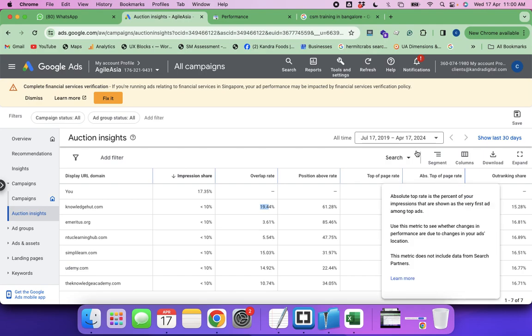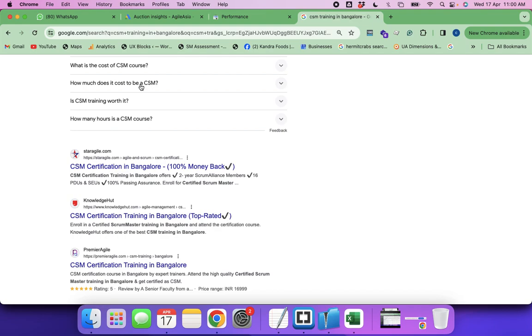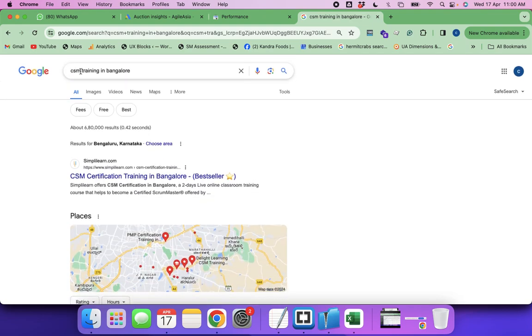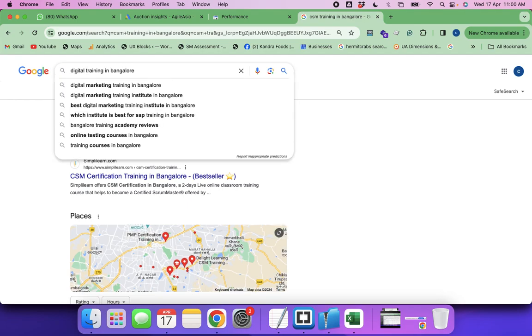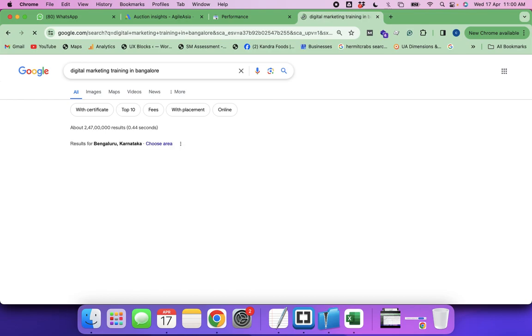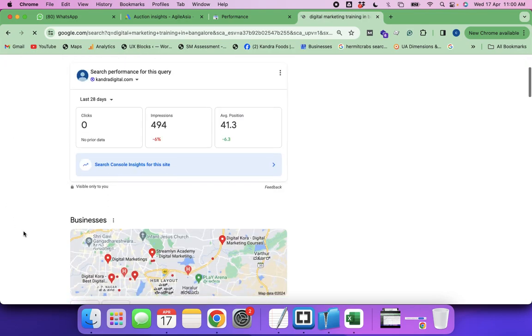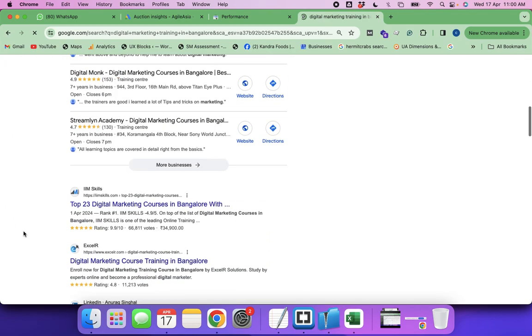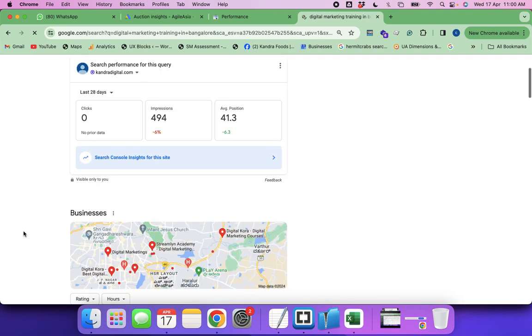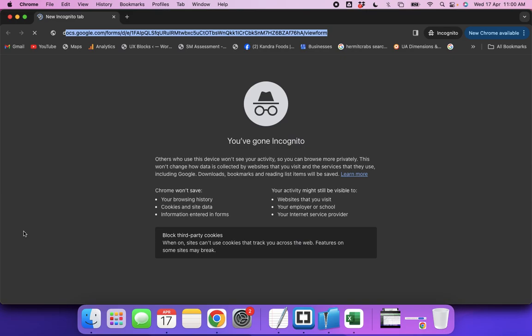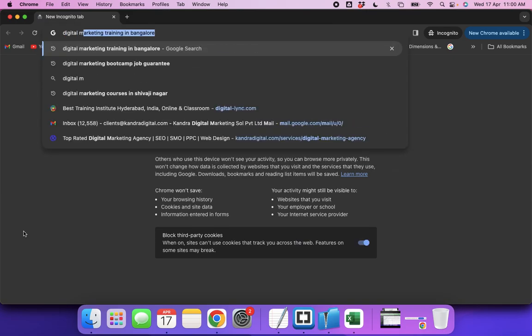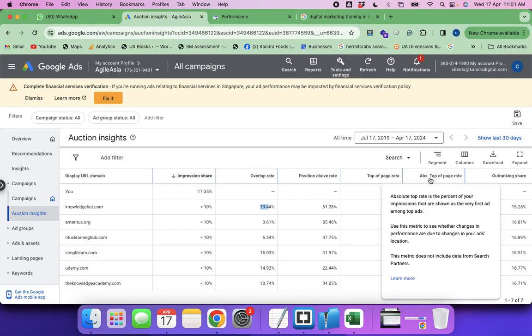Absolute top ranges here, like maybe I'll take this digital marketing example. Absolute top is the percentage of your impressions that are shown as the very first ad among top ads.